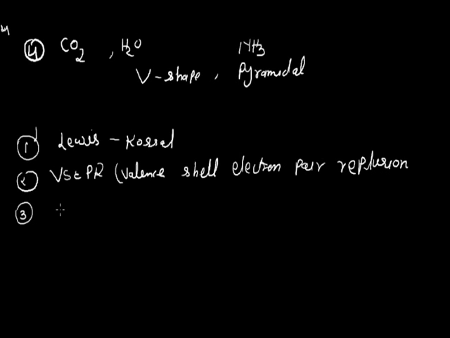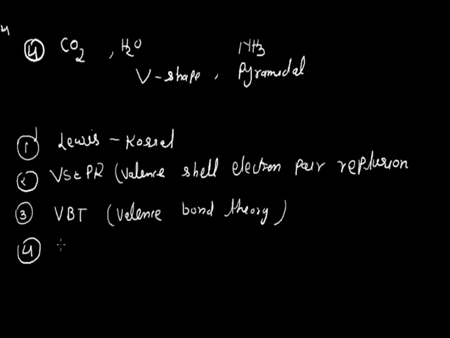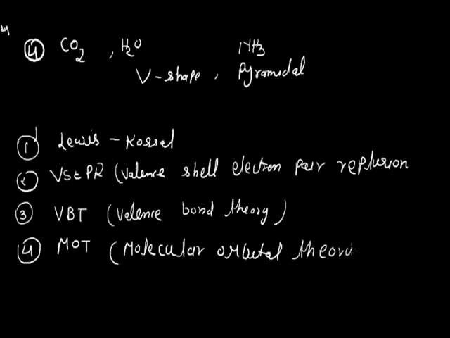And the third theory is called VBT, valence bond theory. And the fourth theory is called molecular orbital theory, MOT. Now we will discuss these theories one by one, starting from the Lewis-Kossel approach.